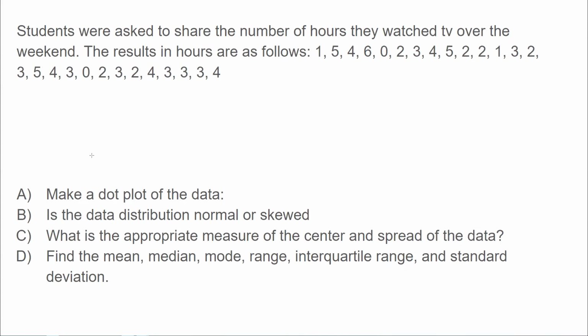Let's draw a line here. We have 0 through 6, so let's do 0, 1, 2, 3, 4, 5, and 6. Okay, so I see 2 zeros.